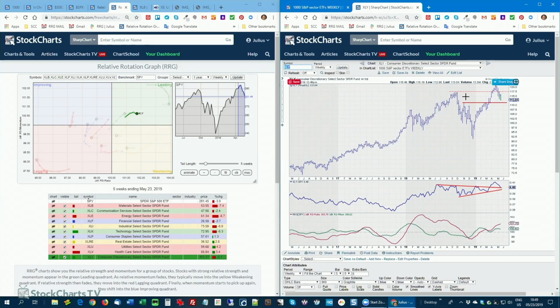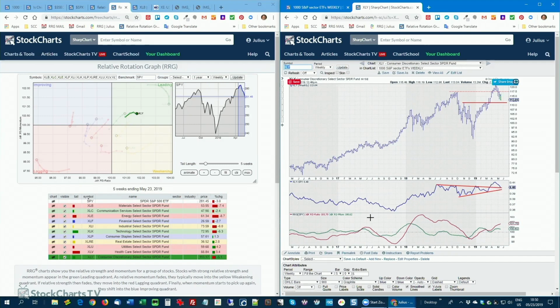Look at that price chart. We broke to new highs, broke back below that support level. This resistance level should act as support. It didn't do that, so it rejected that support level, and that's usually not a good sign. So everybody who bought on this breakout is now probably looking to get out, which is not a good thing. And the same thing goes for that relative strength breakout.